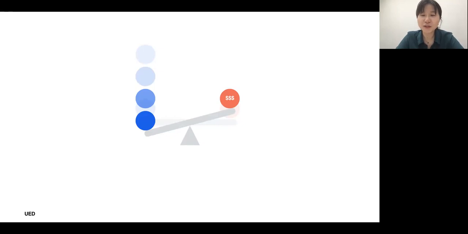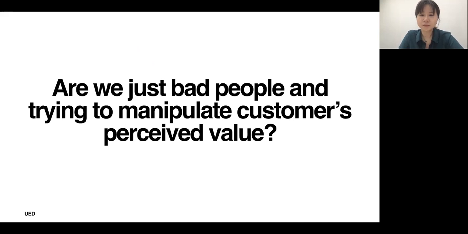And the other side is if we can leverage the price and make it less heavy, so that the balance tips the way that we want it to be. Okay, so maybe you guys will have a question based on what I just said. This is also something I asked myself previously: are we bad people when we're trying to manipulate customers, and then we deliver things that they don't want?